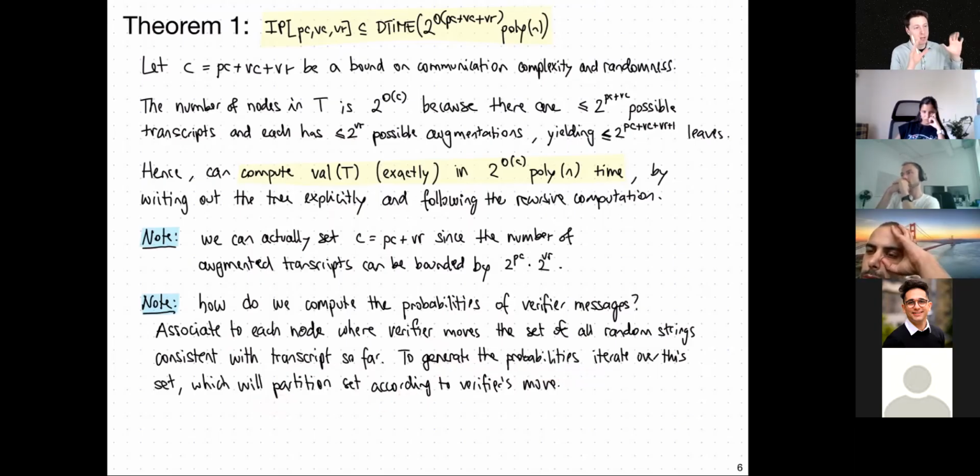So maybe for 10 choices of randomness the verifier sends the same message, say hello. For other 15 choices of randomness, it sends, say, good evening. These create probabilities that we associate to the verifier messages, and we keep track of them from the beginning, which is all the randomness, all the way down. At the very end, we're left with randomness that is consistent with the augmented transcript so far.